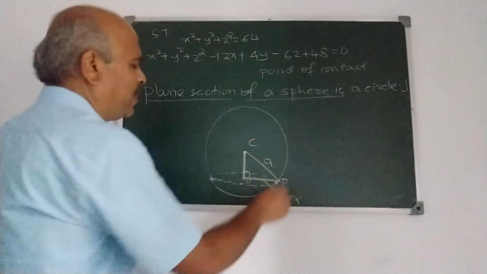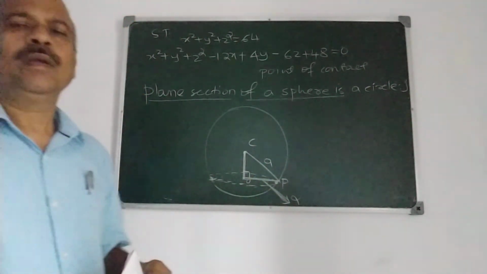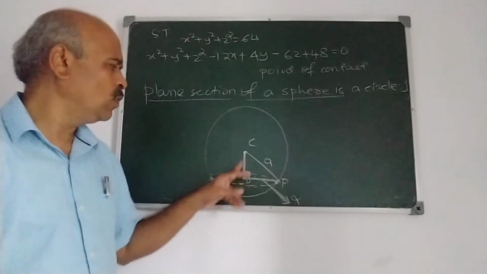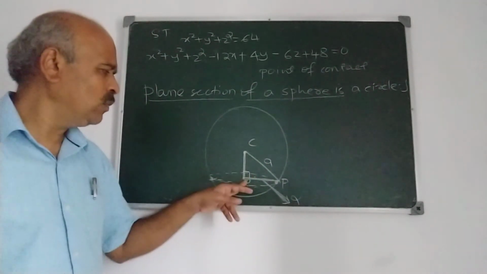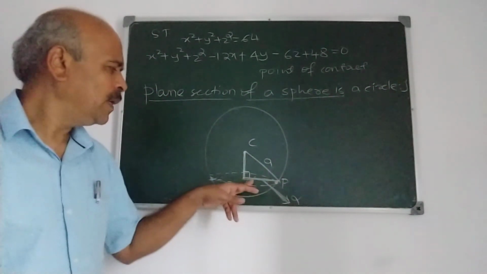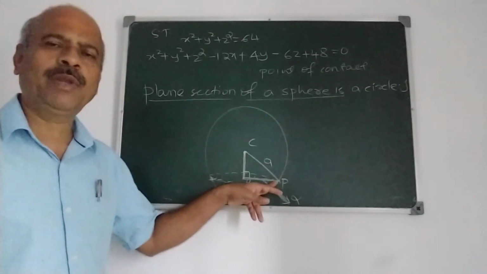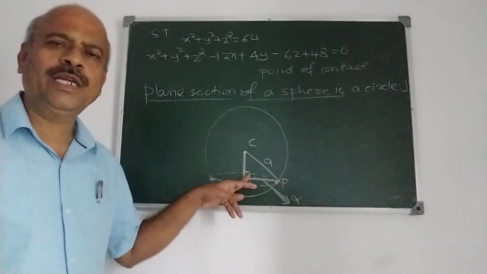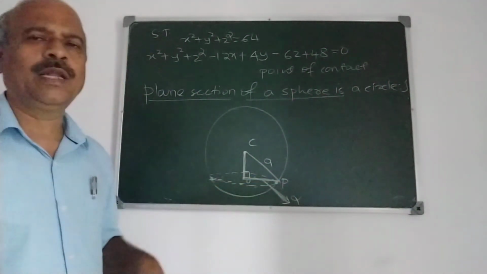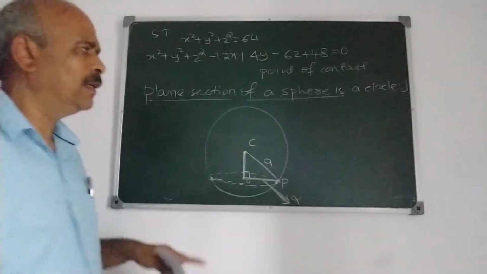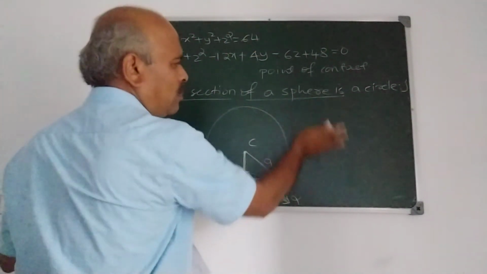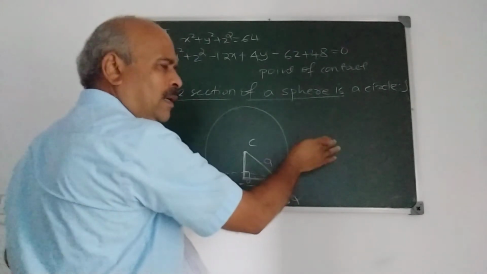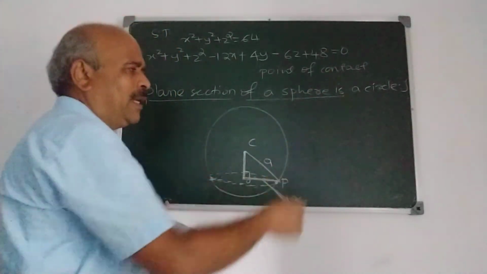Then CO is perpendicular to OP. Why is CO perpendicular to OP? Because we have drawn CO perpendicular to the plane and OP entirely lies on the plane. Therefore CO is perpendicular to OP also. That you have studied. This is the blackboard. The surface of the blackboard is a plane.